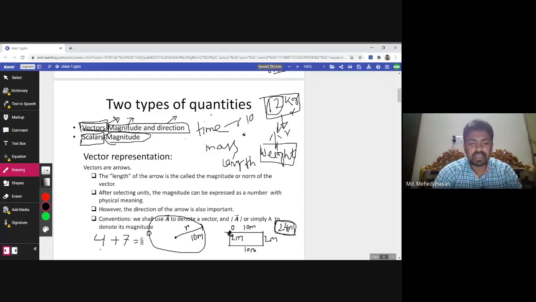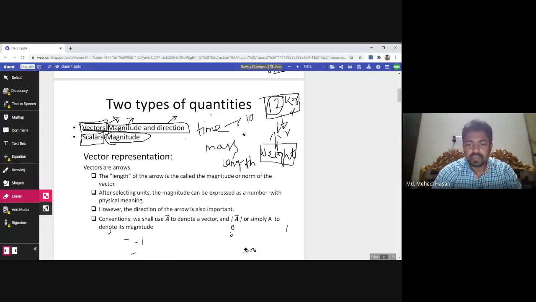But in case of vectors, if you add a vector of 4 and a vector of 7, particularly two vectors, then the answer may be the difference of these two, say -3, up to 11. So either -3 or 11, or something between these two will be the result in case of vectors. So vectors don't follow the normal mathematical rule. This is the vector quantity and scalar quantity.